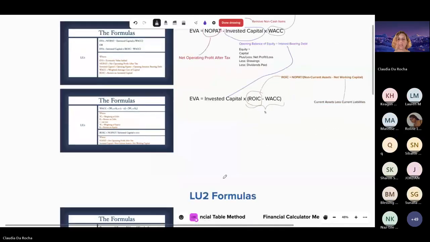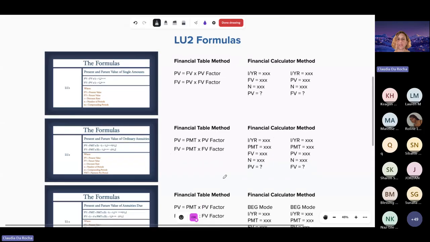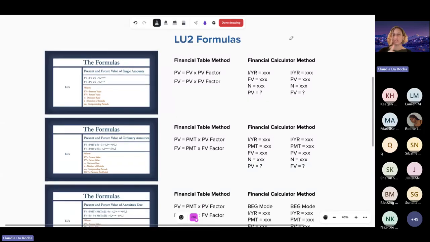Okay, so let me now go to our whiteboard so that we can go through those formulas. Right. So just give me a thumbs up if you can see, just to make sure I haven't lost anybody. Should be seeing the whiteboard. Okay, brilliant. Thank you.